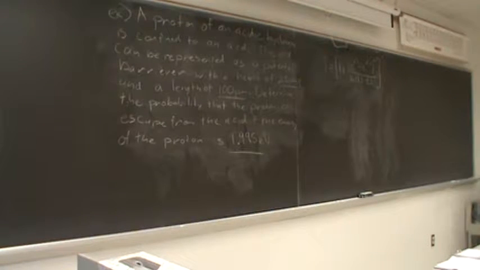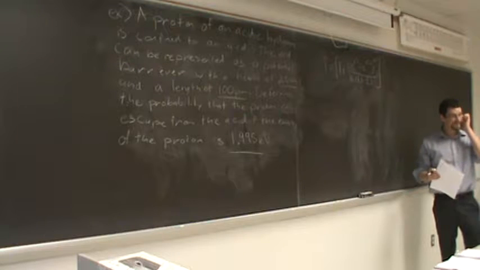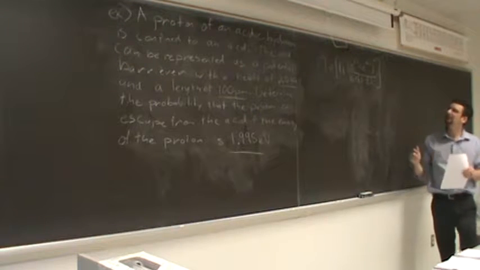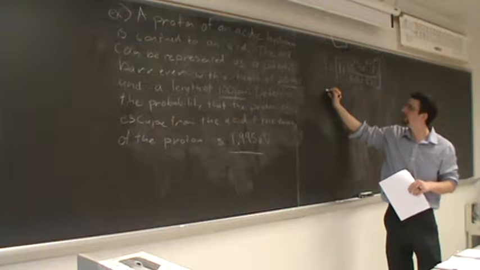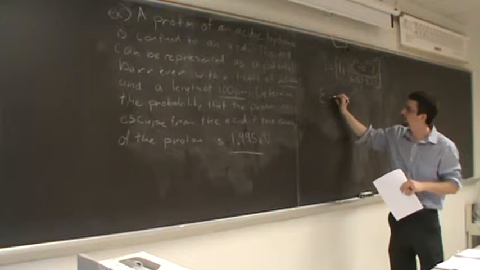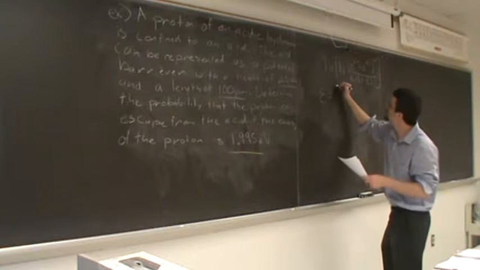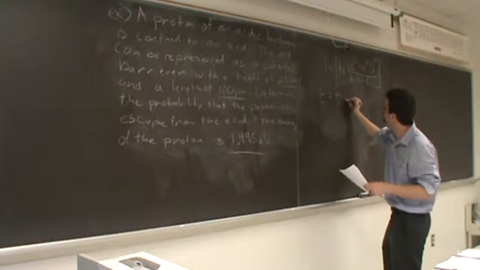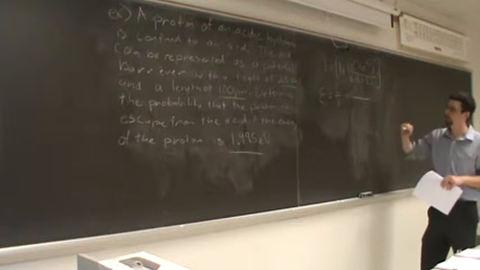What's what? You remember what epsilon was? The ratio, isn't it? Yep, it's a ratio. What's it a ratio of? Energy over voltage. Okay. We have both of those things. What's our energy?